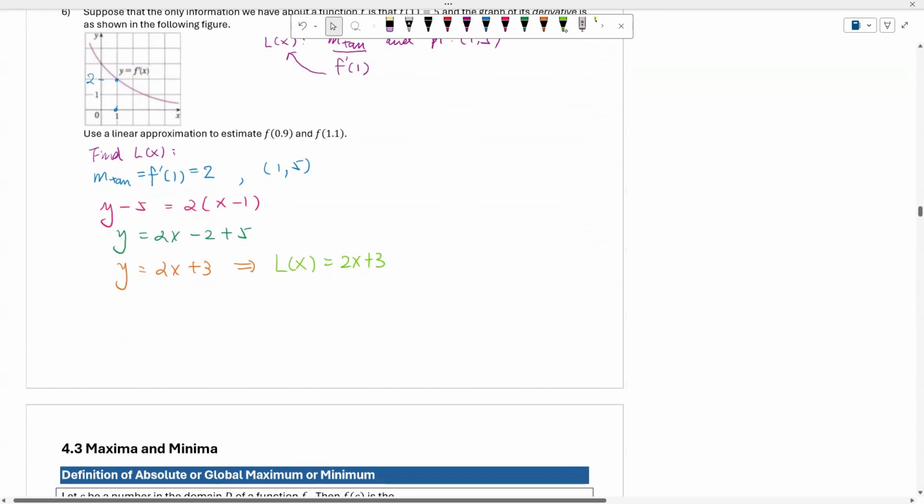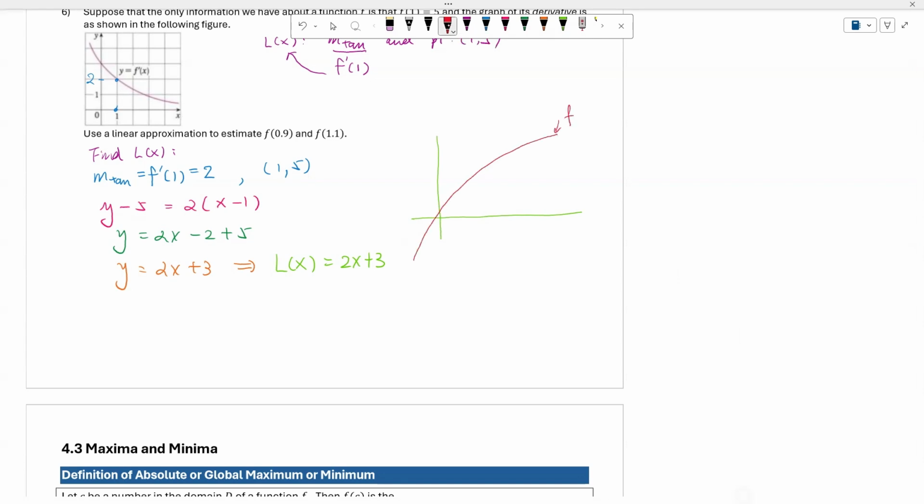Now maybe let us go back to the problem to see why we could use the linear approximation, so we could get a better understanding of this problem. In this case, I have some function, this is the function f. And right now I have the L of x at x equal to 1.